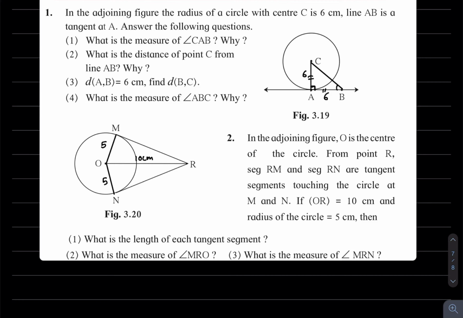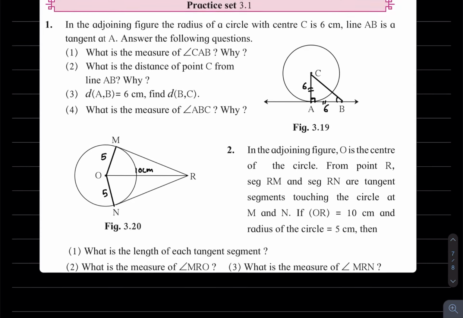So whenever this side is half of the hypotenuse, then the angle opposite to this side will always be 30 degrees. Similarly here this side is also 5, which is half of the hypotenuse, so the angle opposite to this side will be 30 degrees. So here the second problem ends. And for the third problem, what is the measure of angle MRN? I think I have also stated the solution for this problem.